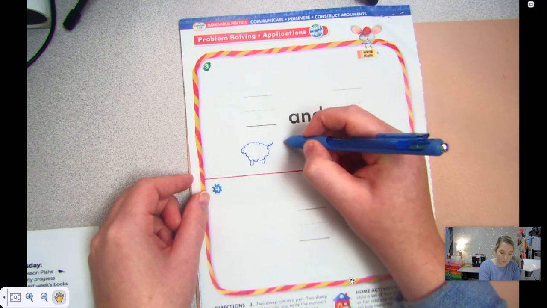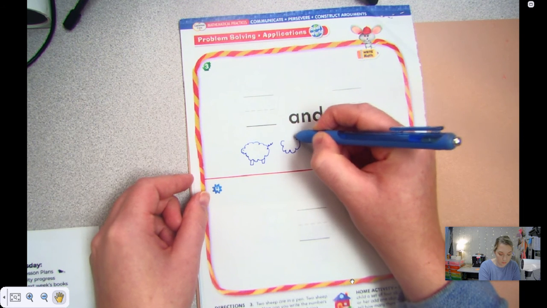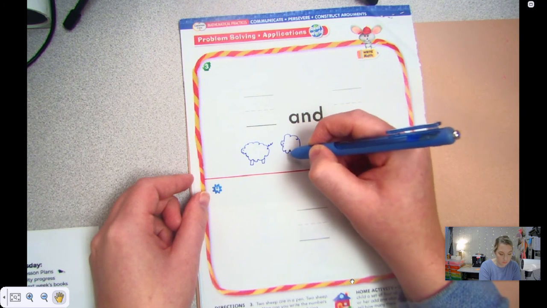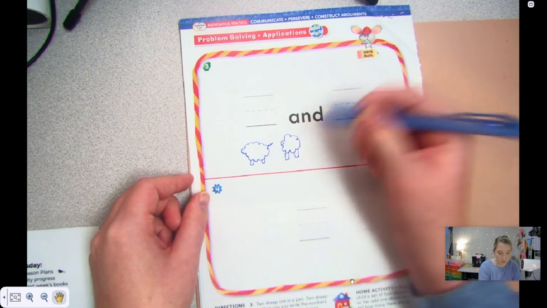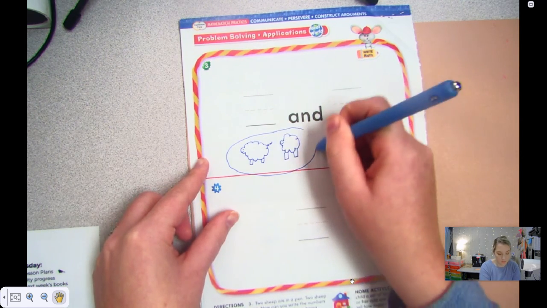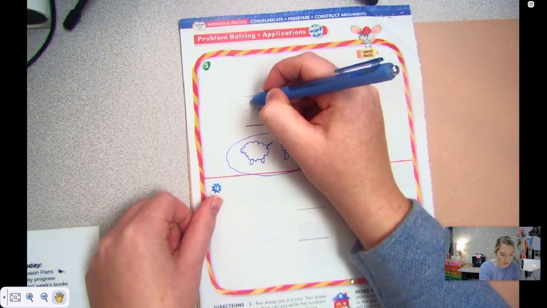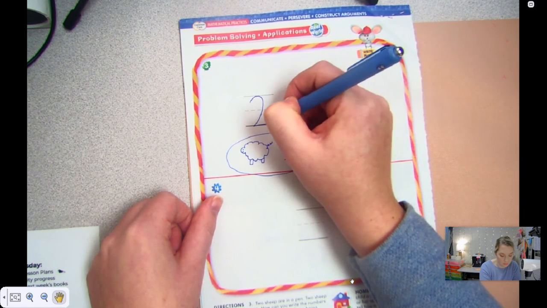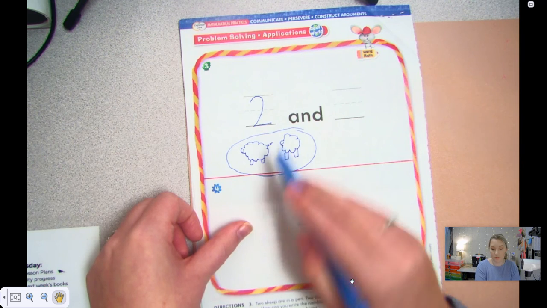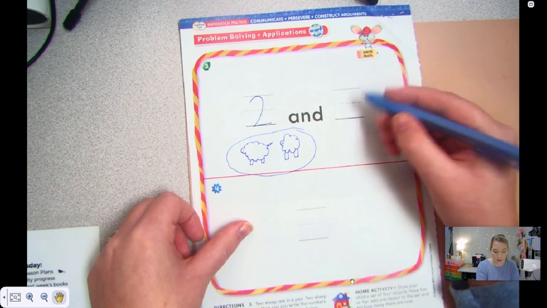There's 1 sheep. There's 2 sheep. They're in a pen, okay? So let's go ahead and write 2 sheep. Because we've got 2 sheep in the pen.